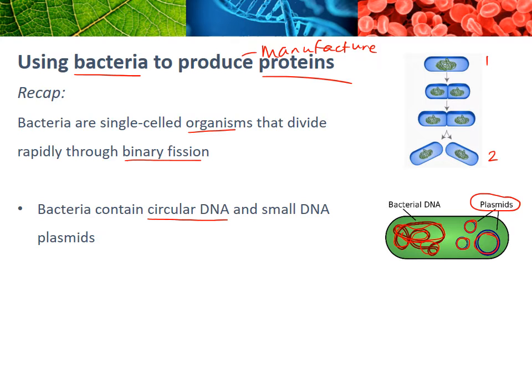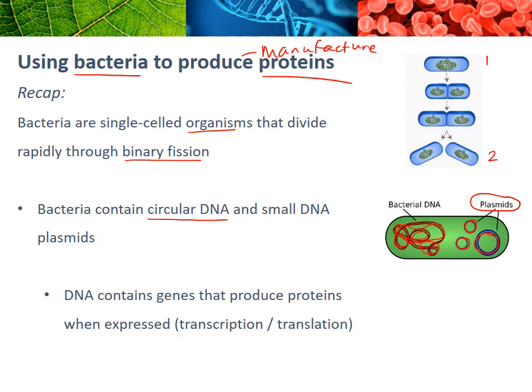And then another bit of theory that relates to this is that, remember, in DNA, we've got a bunch of genes, which is the same in bacterial DNA, genes that produce proteins when expressed.